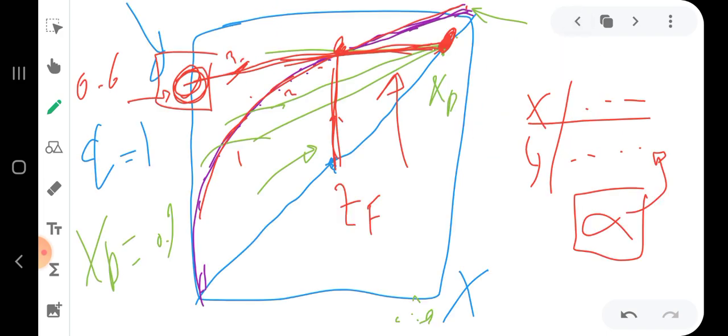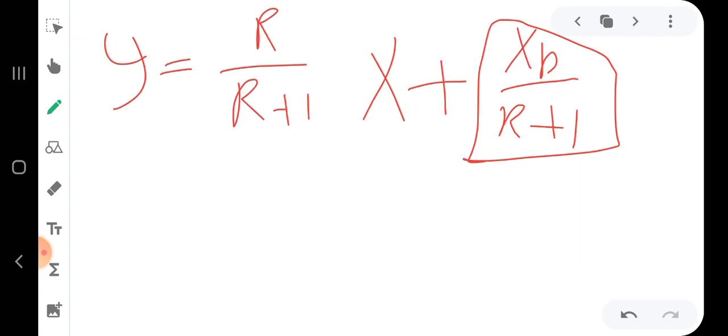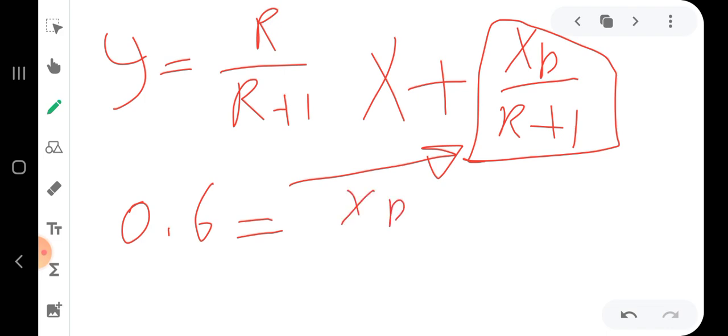So I read the value here, 0.6. Just take this 0.6, the value of the intercept, and equate it to xd over r plus 1.